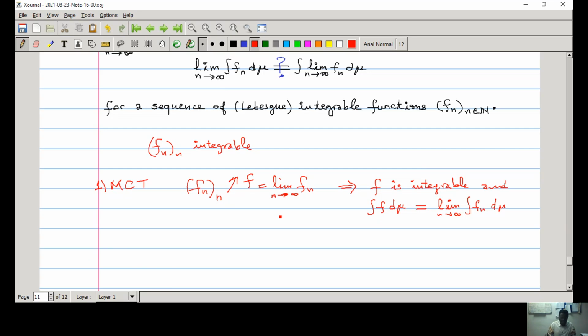The restriction is the monotonicity, the fact that it's an increasing sequence. So that's the restriction on the sequence. So monotone convergence is an increasing sequence. So that's the restriction.